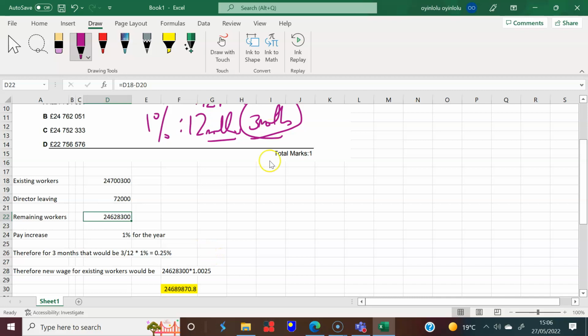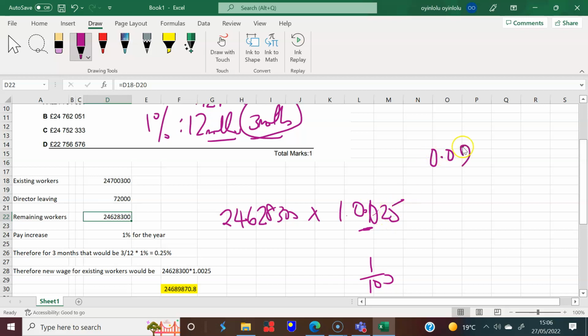If it was 1%, we would be saying 24,628,300 times 1.01. That's 1% right there. When I say 1%, that's 1/100. But here we're dealing with 0.0025. If you break this up into 4 parts, 0.0025 times 4 is equal to 0.01. Hopefully you can see how we're arriving at that.